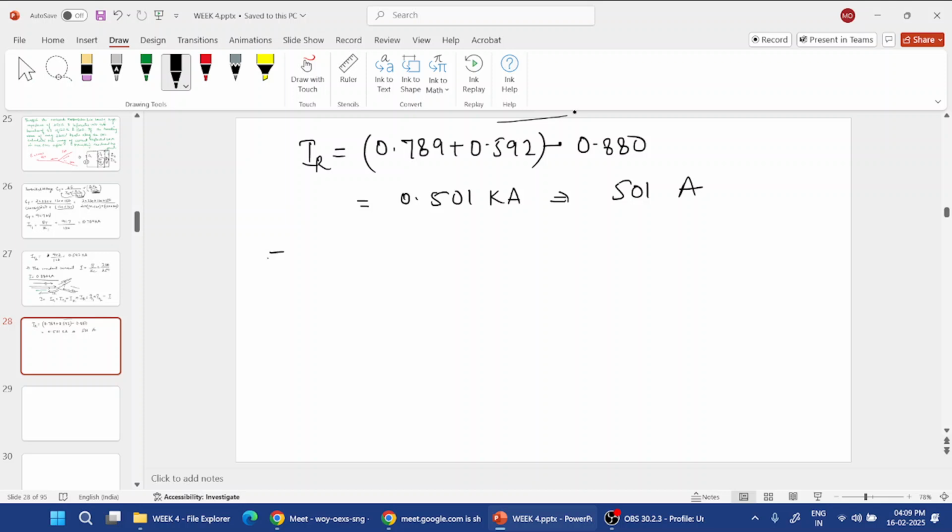Okay, so the reflected current which we are asked in the question is 501 ampere. I hope you have understood this question clearly. This is how we are going to solve the question.